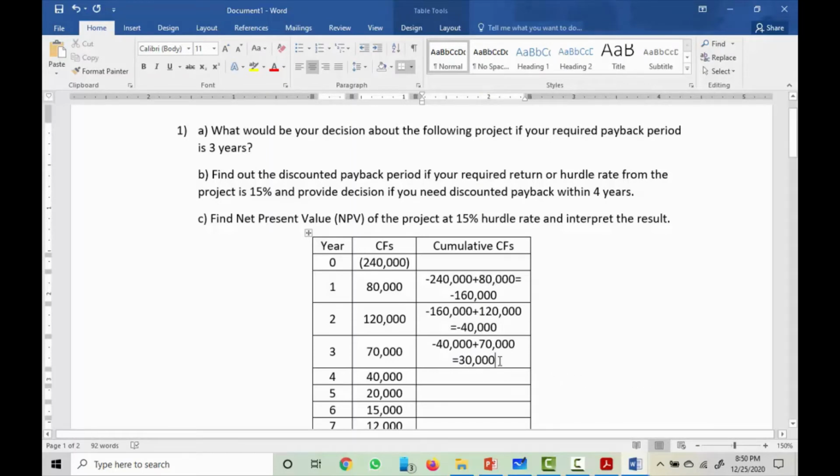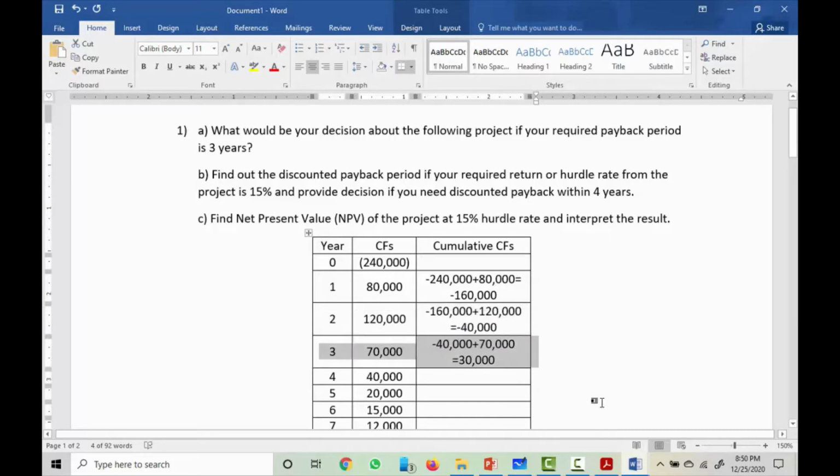So what we can see, we got the payback, because after year 2, we needed only 40,000 taka back for the payback.